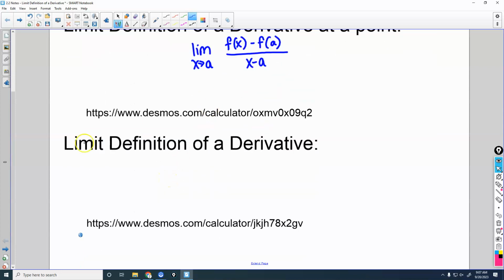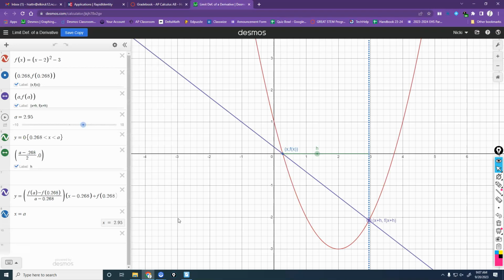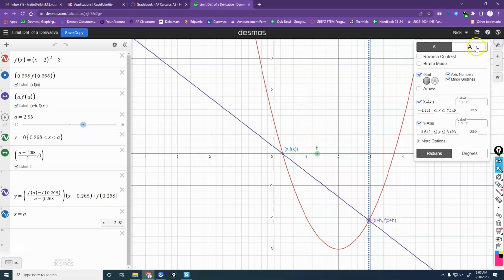There is a way that we can do the limit definition of derivative where it applies to the whole entire function. Okay? So let's look at this here at my Desmos graph. So I have made this more complicated for you here. So let's make this show up a little bit bigger.